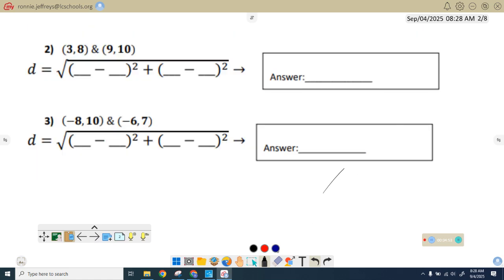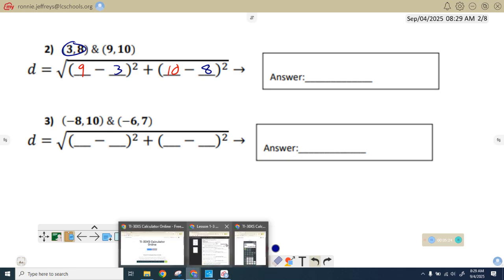So, remember, x1, y1 does not go there. It's weird. Yes, the first coordinates go in the second spot. All right. Okay.